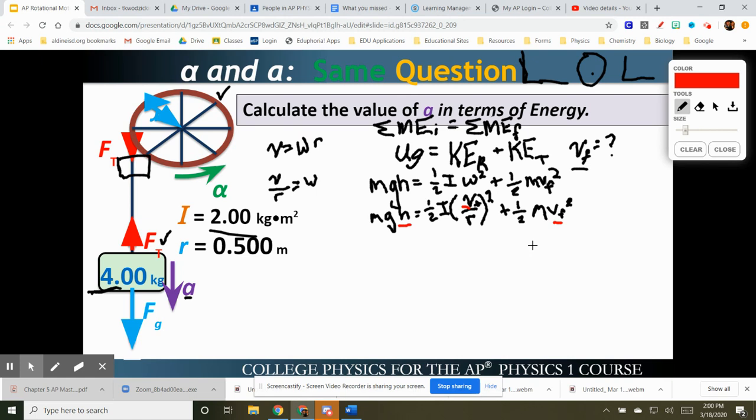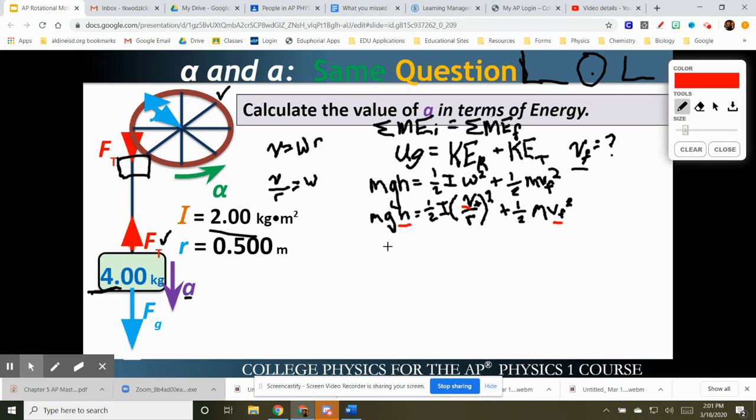So let's go ahead and do some number crunching to see what numbers we can get, and leave h alone, leave velocity final alone, because there's no number substitution we can do. So substitute mass, gravity, I, R, and M, and give me some numbers that can go in front of those variables that we don't have. So for example, mgh, we have little m, we have g.